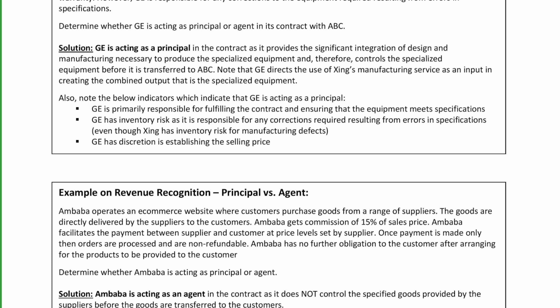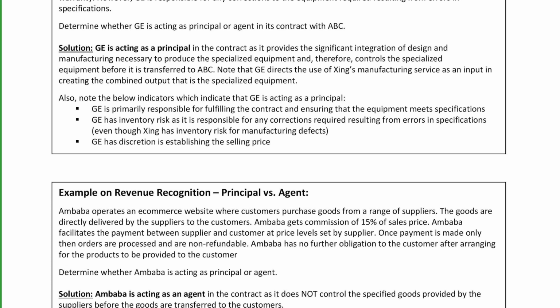However, GE is responsible for any corrections to the equipment required resulting from errors in specifications. Now, you need to determine whether GE is acting as a principal or an agent in its contract with ABC.